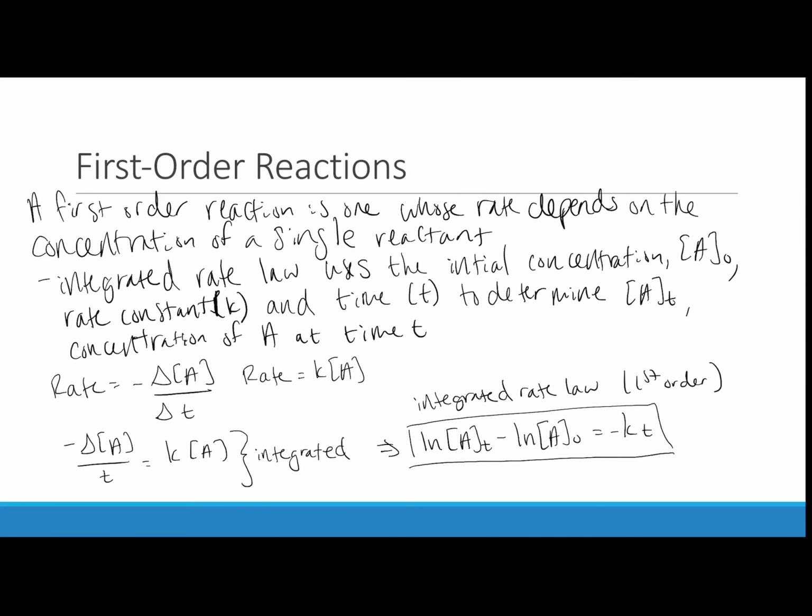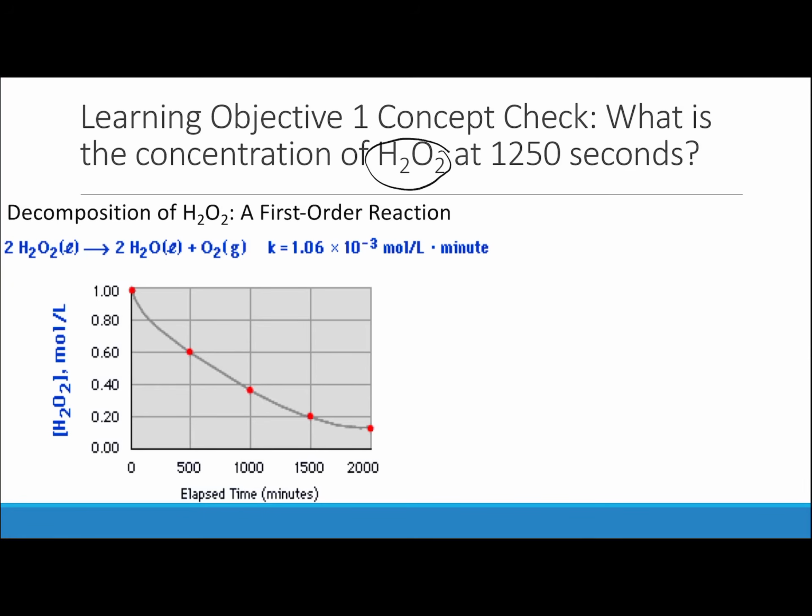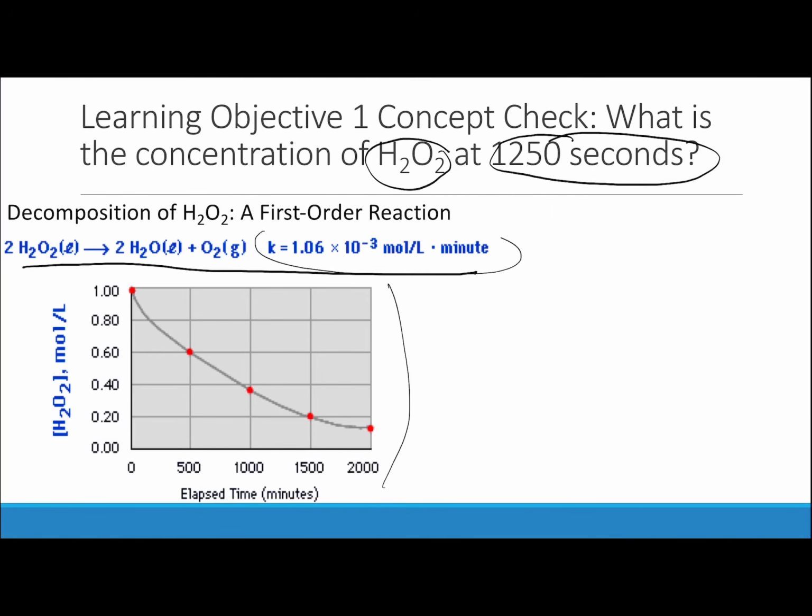We want to know what the concentration of hydrogen peroxide is at 1250 seconds using the following information and this graph right here. So here we have our k value, we have our time, and if we look at this graph, we see that we have our initial concentration, right?